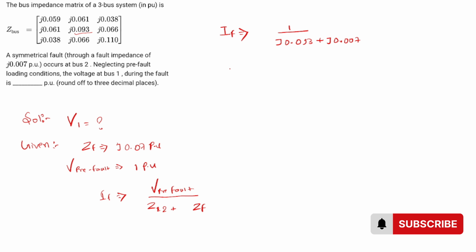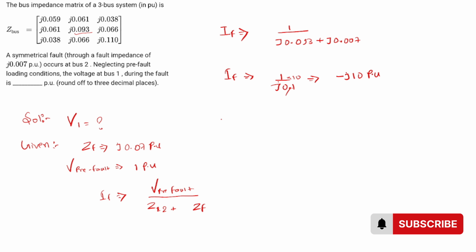So IF equal to 1 by j0.1, which we can write as minus j10 per unit. When the j in the denominator comes to the numerator it becomes minus j, and 0.1 by 0.1 is 10.